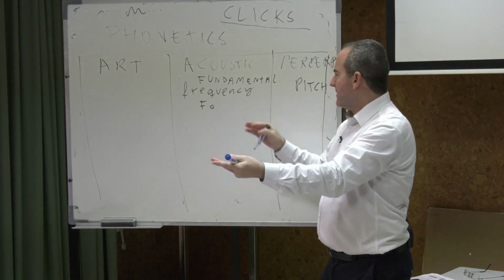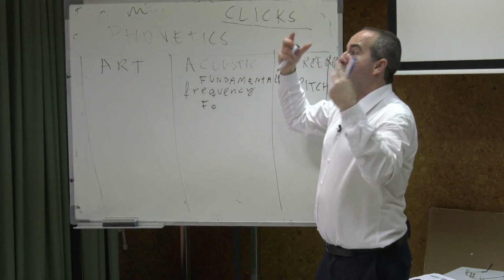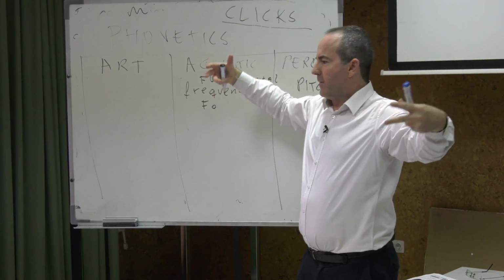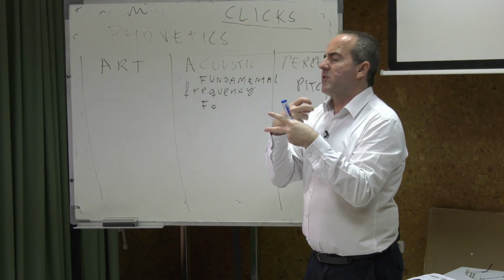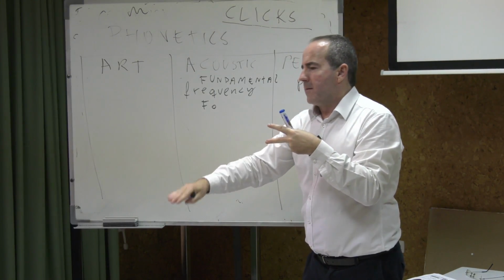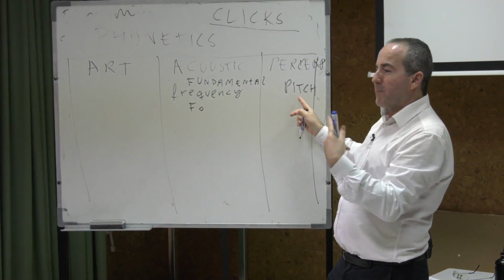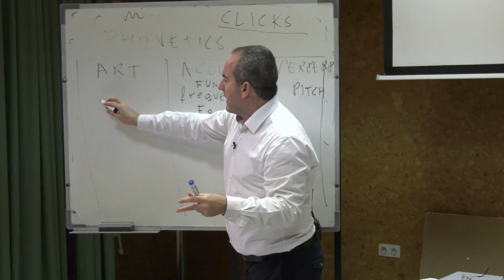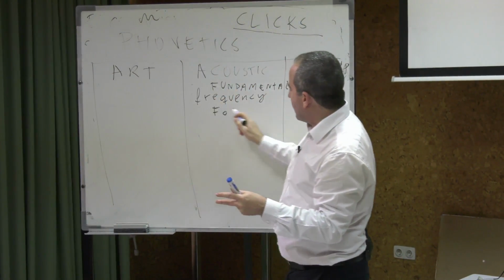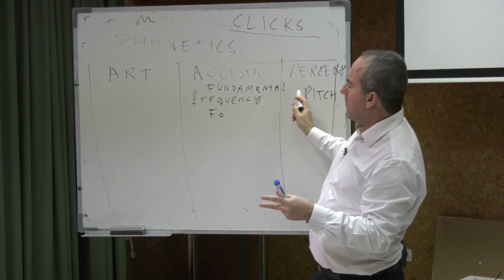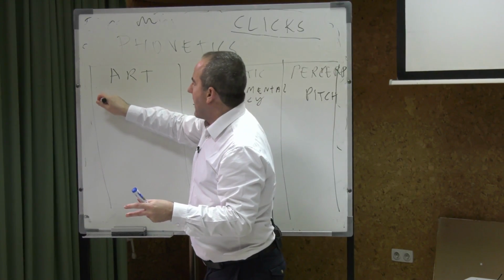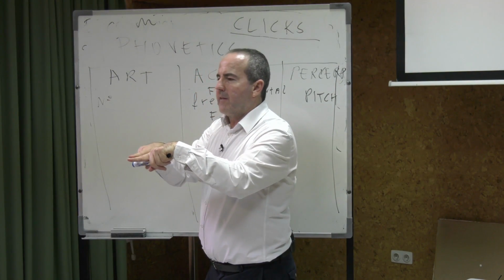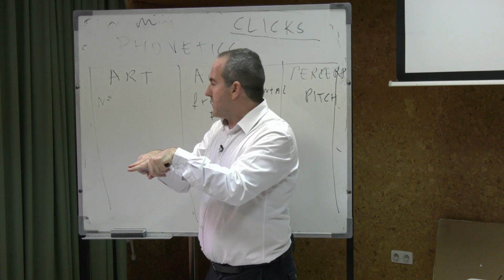The voice of women sounds higher than the voice of men, because the larger a man is, the larger the larynx is going to be, and the lower the frequency that's going to be perceived as pitch. Okay, and now articulatorily, what does this fundamental frequency and this perception of pitch correspond to? The number of times per second that the vocal folds vibrate.